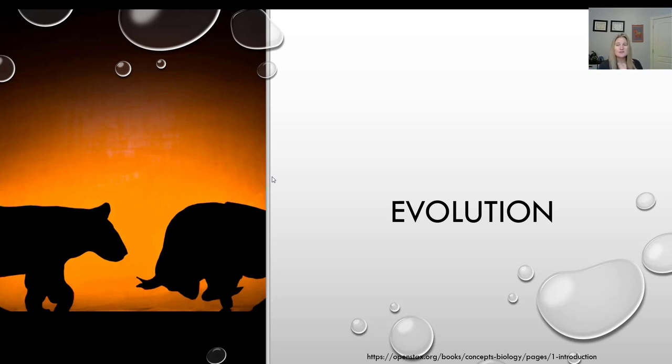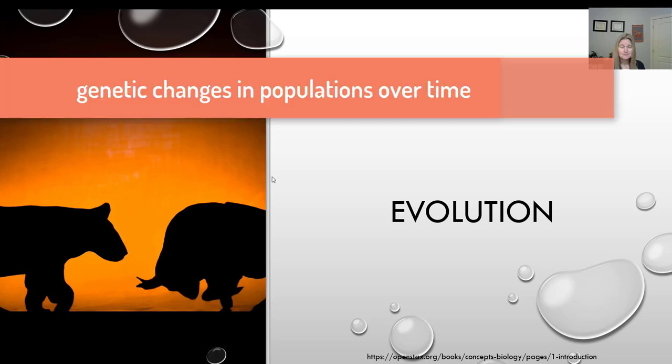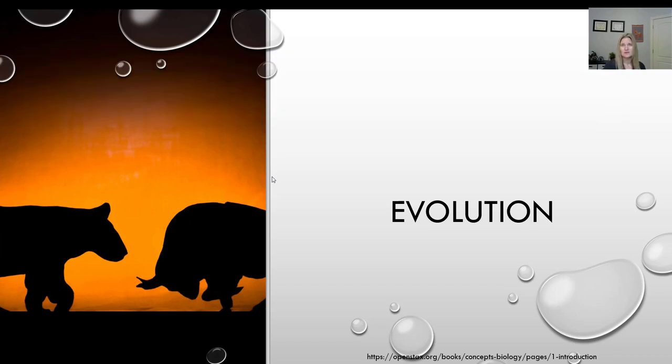So evolution is basically genetic changes in a population over time. Okay, so genetic changes are basically some change in the genetics caused usually by some sort of spontaneous mutation. And if that genetic change provides some sort of advantage to the individual that possesses it, then that individual is going to be more likely to pass on its genes containing that change to the next generation.